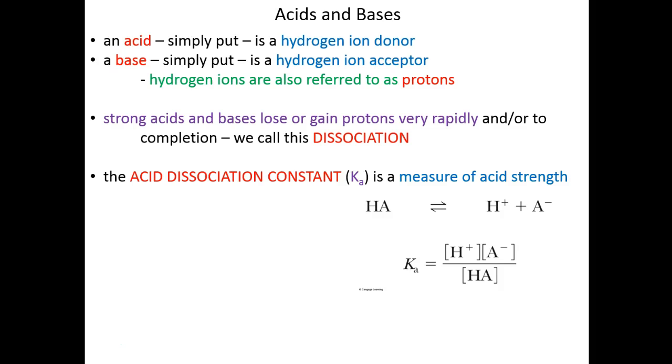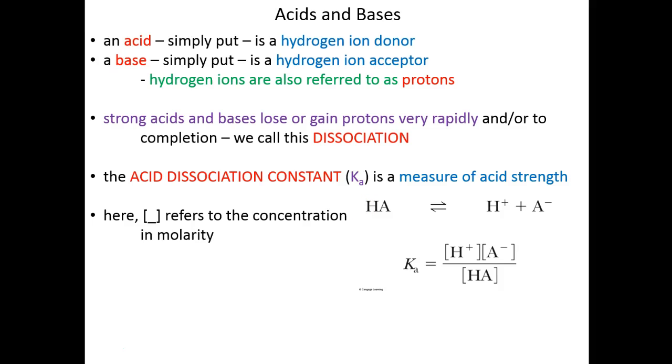And we can calculate the dissociation constant. We won't in this class, but you could calculate the dissociation constant by waiting until this acid reaches an equilibrium, and then measuring the proton concentration, multiplying it by the conjugate base concentration, and dividing all that by the concentration of intact acid that remains. Whatever that value is gives you your dissociation constant.